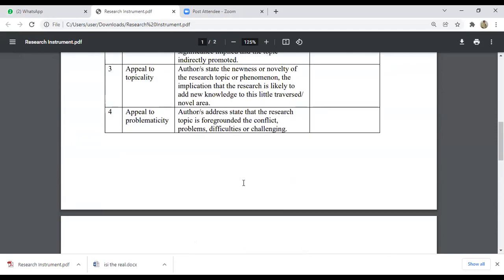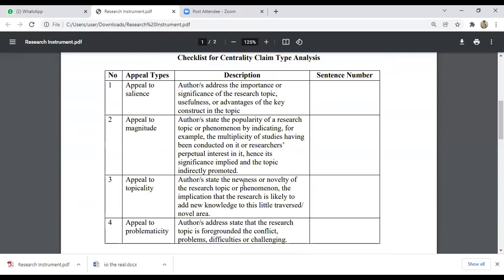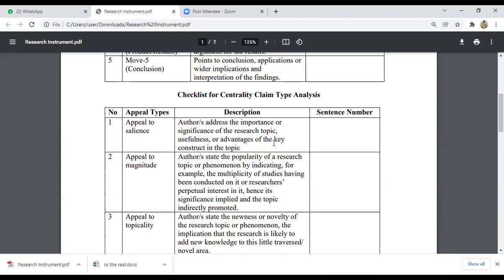If, for example, I give you 5 abstracts and you don't find any of them which have a centrality claim, no problem. You don't have to write it. Just when you find it, write the number of the sentence on the right.